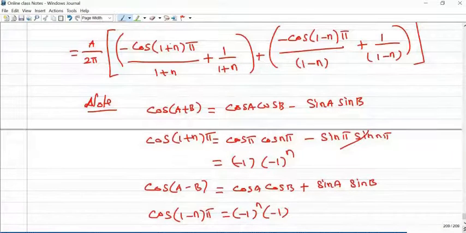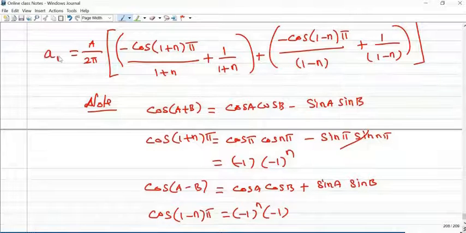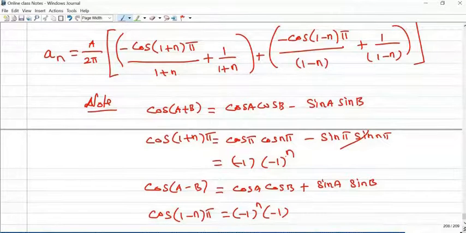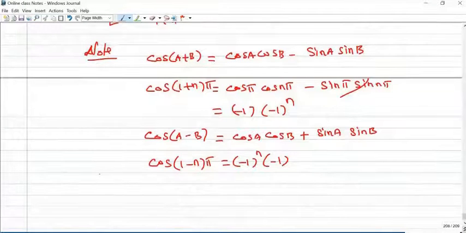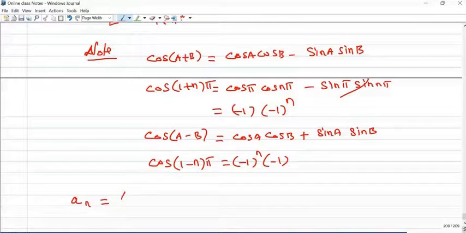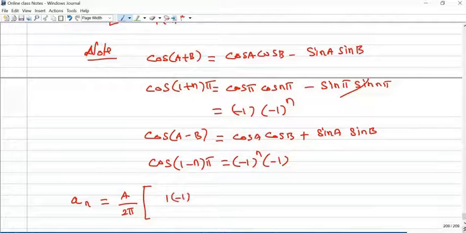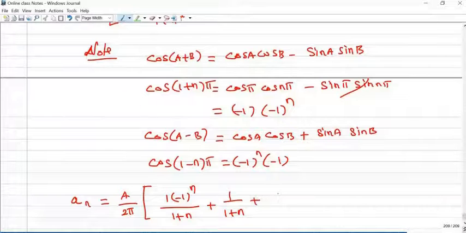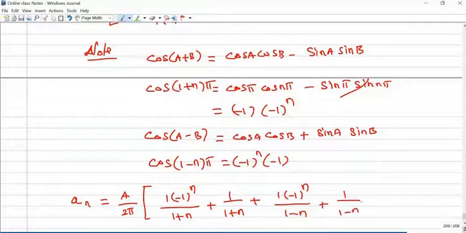Now reduce this expression for the An value. Substitute cos 1 plus n pi, replacing this particular term by minus 1 into minus 1 power n. So the An value is A divided by 2 pi, 1 minus 1 power n divided by 1 plus n, plus 1 divided by 1 plus n, plus 1 minus 1 power n divided by 1 minus n, plus 1 divided by 1 minus n.